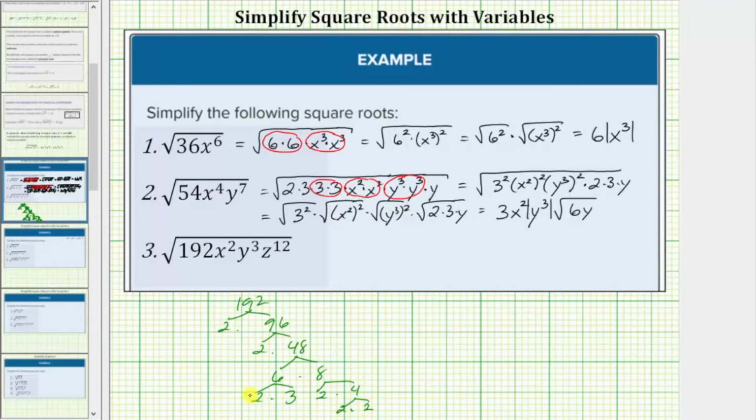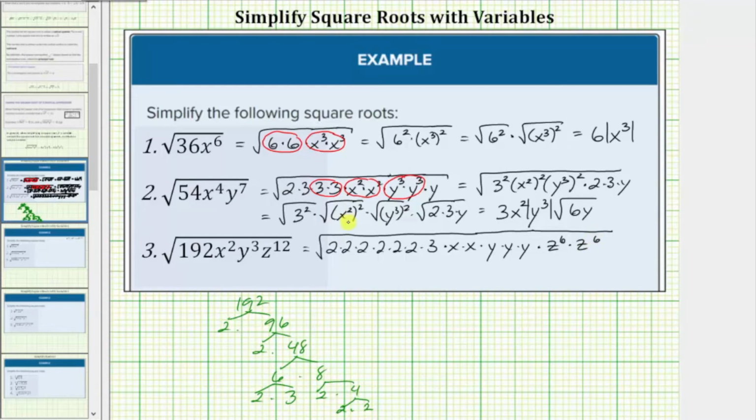So we have 1, 2, 3, 4, 5, 6 factors of 2 and a factor of 3. X squared is a perfect square because it's equal to x times x. Y cubed does contain a perfect square factor. It's equal to y times y times y. And z to the 12th is a perfect square factor because it's equal to z to the 6th times z to the 6th. Now we'll circle the perfect square factors.